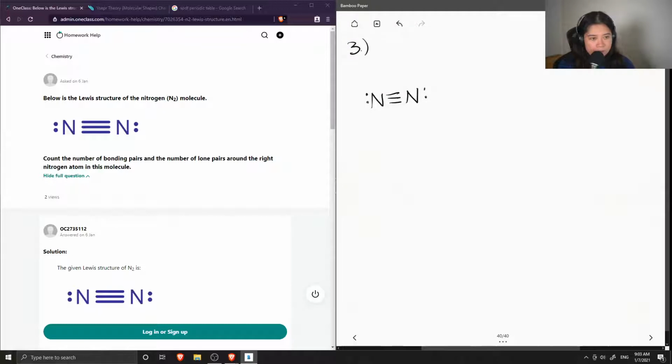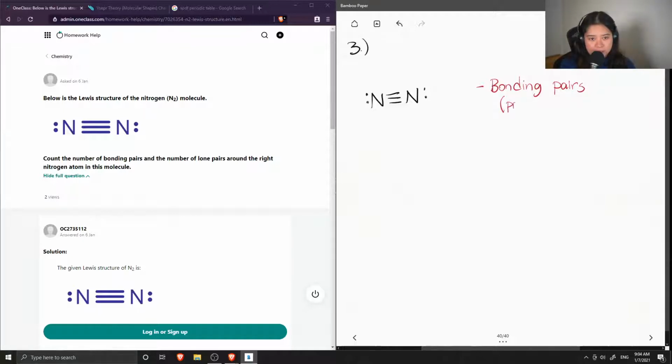So for this molecule, they wanted us to count the number of bonding pairs. I'm assuming they mean bonding pairs of electrons that are present in the bonds.